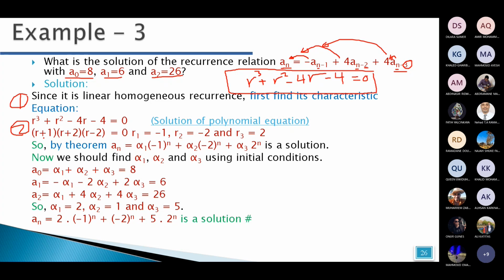I will convert it to an equation without power, like for example, r plus 1 multiplied by a quadratic equation, something like r power 2 with something. So this one, you can solve it as a quadratic equation and so on.